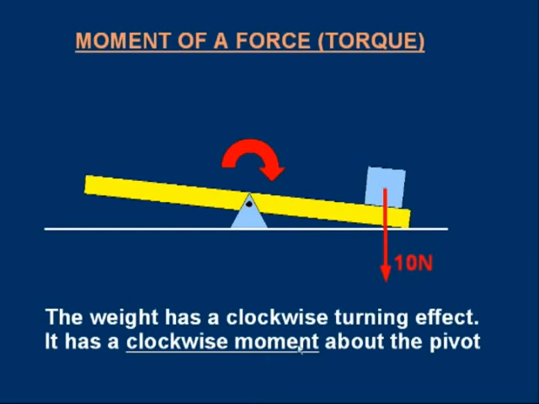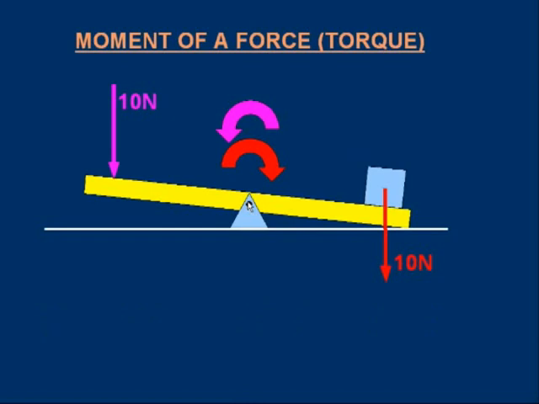What do I have to do to return the seesaw to level? One thing I could do is to put the same weight to the left. The weight was 10 newton. If I apply the same weight to the left, the same distance from the pivot, the weight will make the seesaw rotate anti-clockwise.